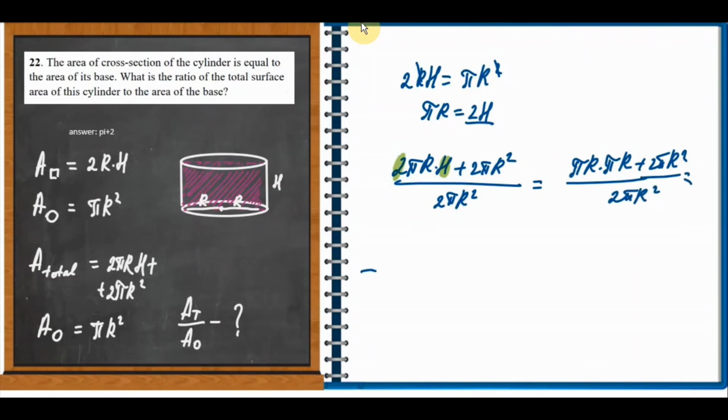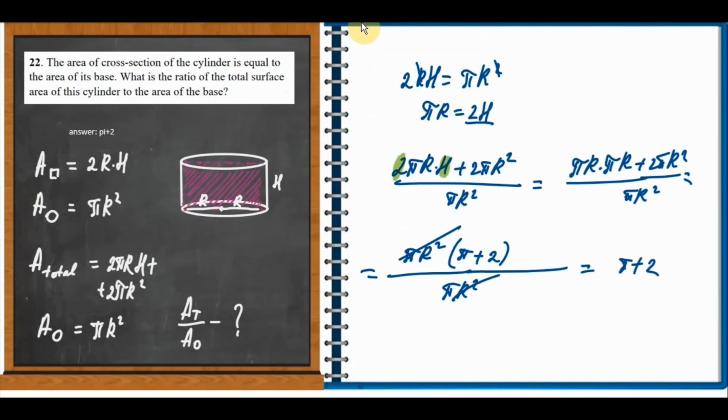Now let's take π and r squared outside the bracket in the numerator, and here's π plus 2. Oh sorry guys, it's not 2πr squared in the denominator, that's just πr squared, the area of the circle. Now it's going to be cancelled, and π plus 2 is the correct answer.